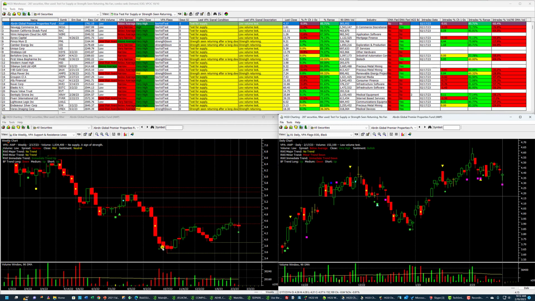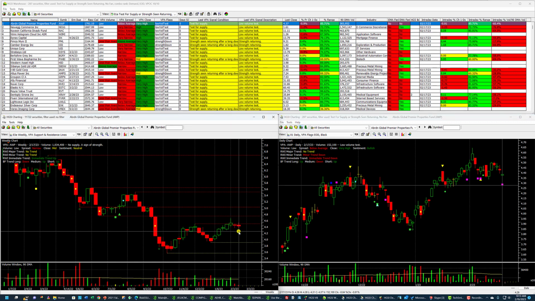So you're dealing with stocks that are down when you're looking at the lower end of this by reversing the raw combo. But on the daily chart, it doesn't look too bad, does it? I mean, it's off of this weekly high here, and we're seeing no supply, a sign of strength, and over here we're seeing a low volume test.